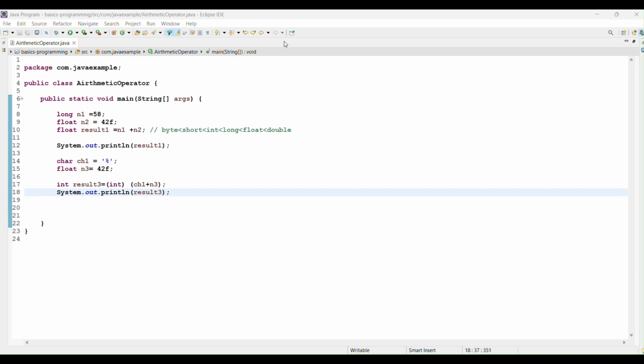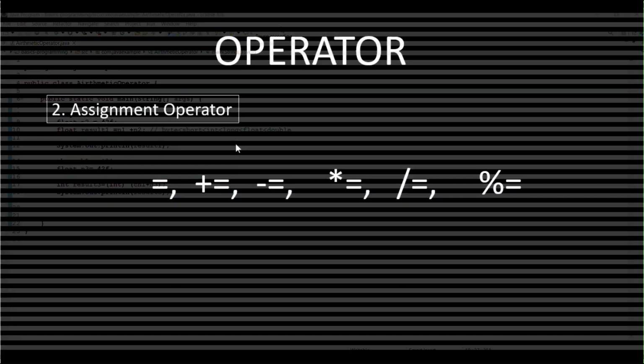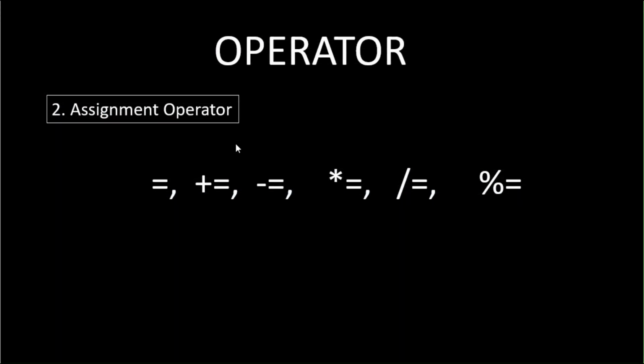Let's discuss the next one, assignment operators. Assignment operators are binary operators in Java. These are the assignment operators in Java: equal to, plus equal to, minus equal to, multiply equal to, divide equal to, modulus equal to.